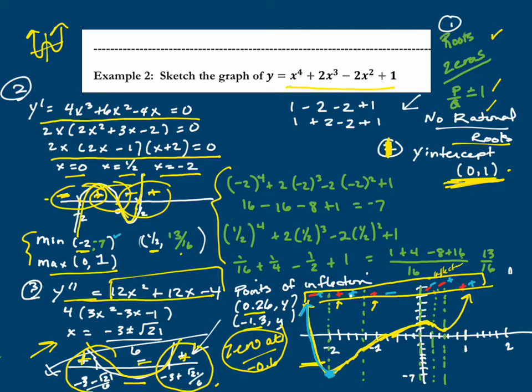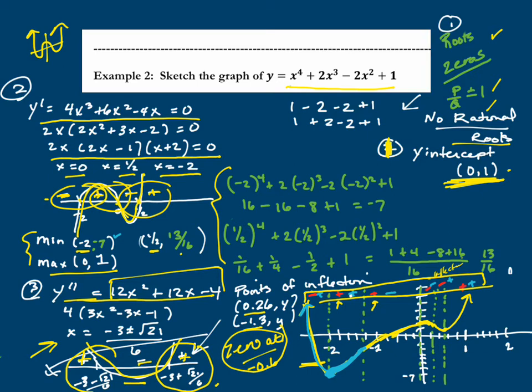So that means it has to continue increasing and concave up. Is this concave up or concave down? Concave up, yeah, that's what I have. Okay, so from there to -1.3, it's increasing concave up.